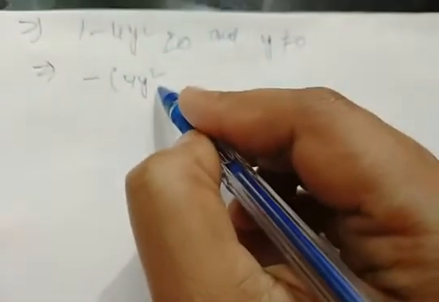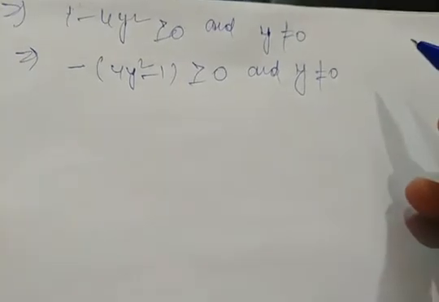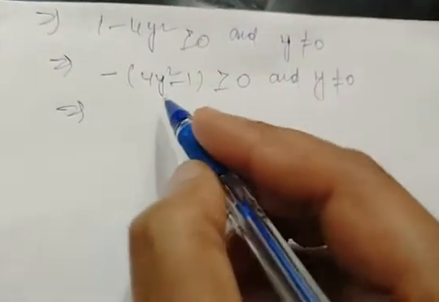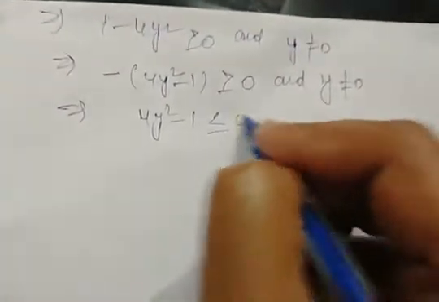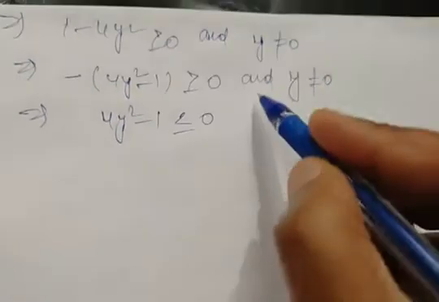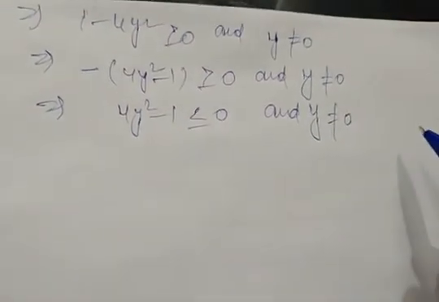So we take minus common, so 4y square minus 1 is greater than or equal to 0, and y does not equal 0. In this way, if we multiply both sides by minus, then we get less than or equal to 0, and y doesn't equal 0.